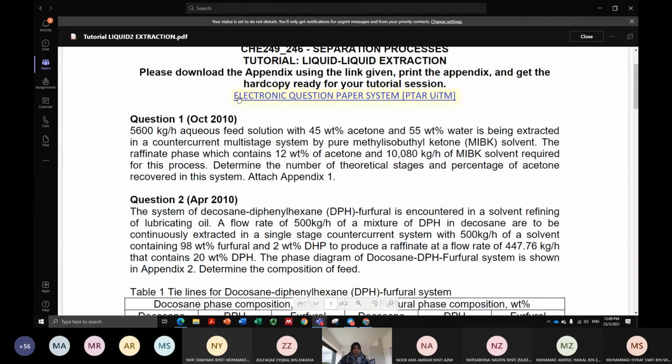So you need to go to the electronic question paper system from the library, UiTM, EQPS. Find the appendix, and you need to print the appendix for you to practice. You cannot practice online like this. So print the appendix. Based on the appendix given, then we can do the questions. I want you to download the appendix for these particular questions.